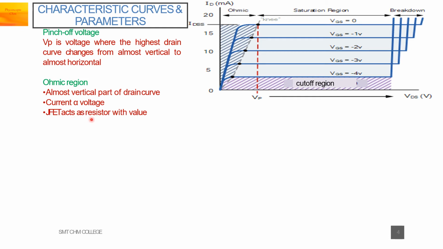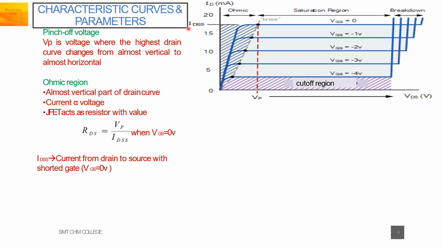Here the FET acts as a resistor with the value given as RDS equal to VP upon IDSS. IDSS, that is when VGS is equal to 0 volt, where IDSS is the current from drain to source with shorted gate.